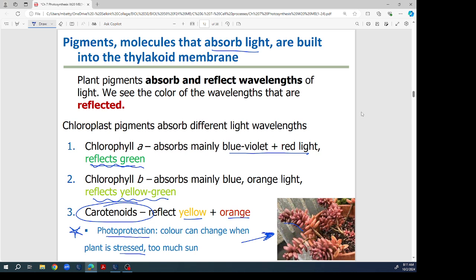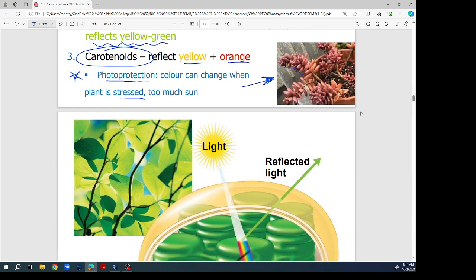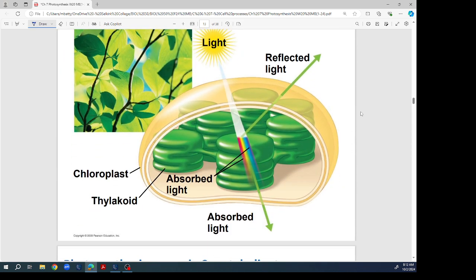And so the key thing here is that these plant pigments absorb and reflect different colors. And that's why we see the colors of plants. So this one's the image just showing that in a picture format. Yeah, pretty beautiful green leaves. The next video is going to have the different parts of the process of photosynthesis.